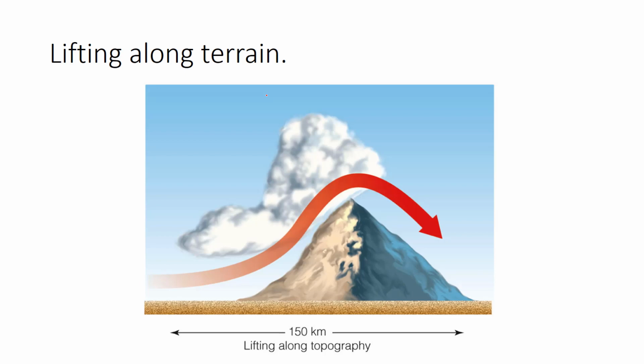The second type of lifting is one that we experience by my college. I live near Cupertino, which is in the Silicon Valley, and we actually get about half as much rain as our neighbors in Santa Cruz. The reason why is because of lifting along terrain.